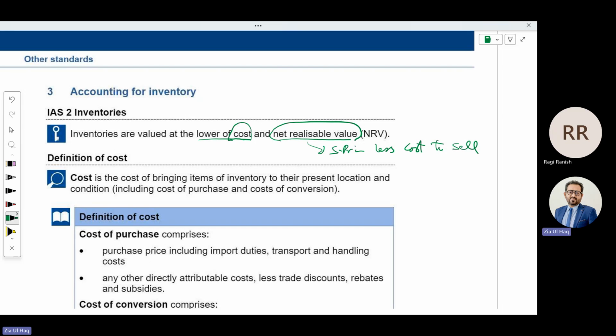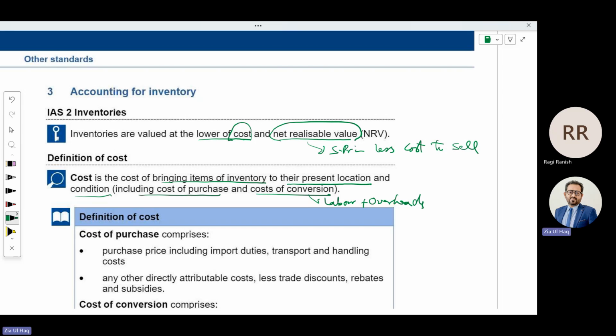Because we need to measure the closing inventory figure, that will automatically be the opening inventory for next year. But at year end, we need to calculate the value of closing inventory. Cost is the cost of bringing items of inventory to their present location and condition, including cost of purchase and cost of conversion. Cost of conversion means labor plus overheads, which you have studied in management accounting.